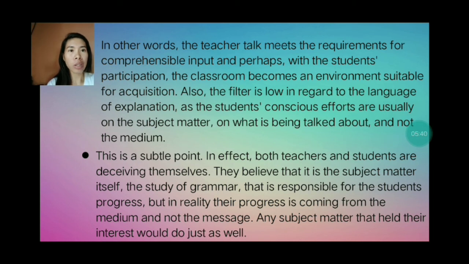In other words, the teacher talk meets the requirements for comprehensible input, and perhaps with the students' participation, the classroom becomes an environment suitable for acquisition.